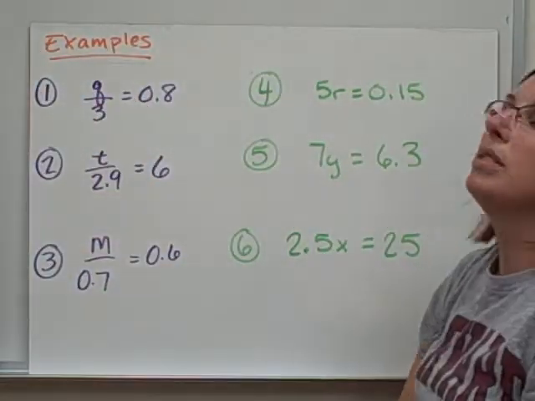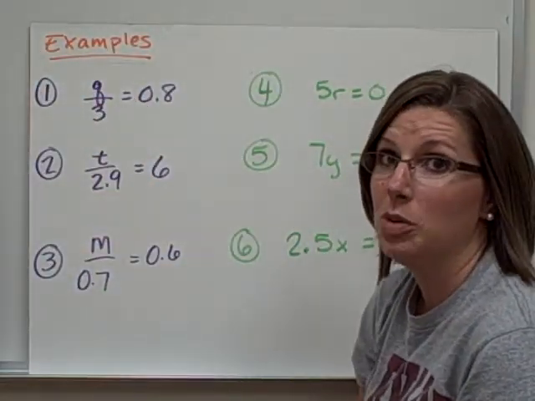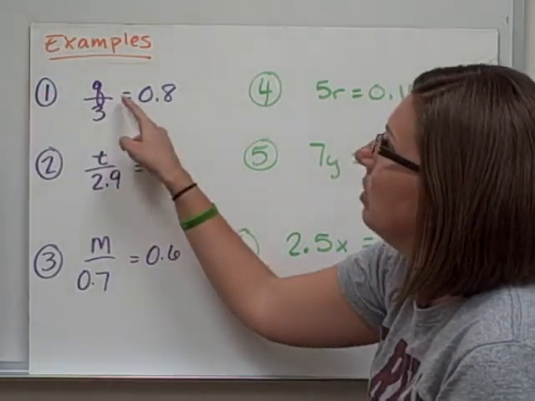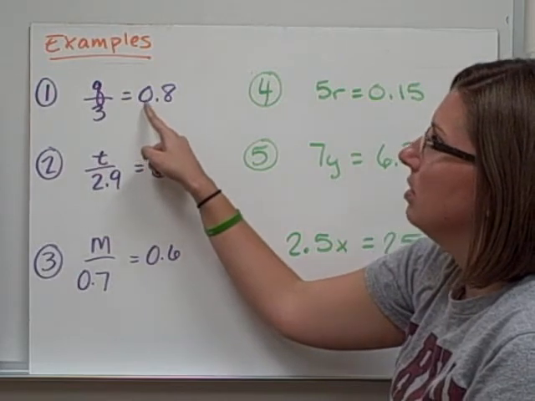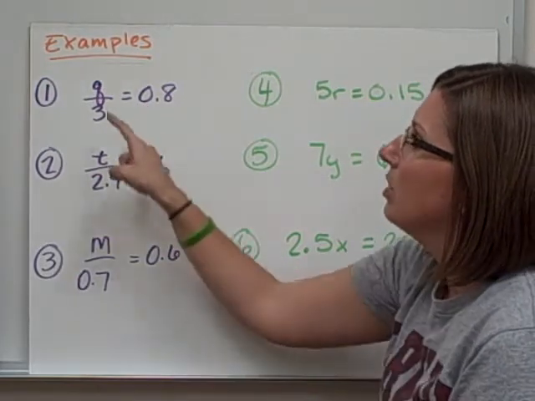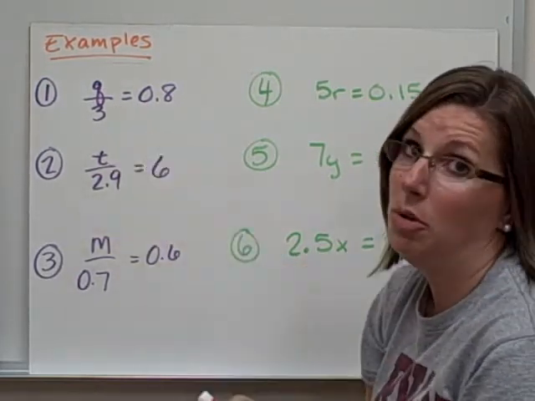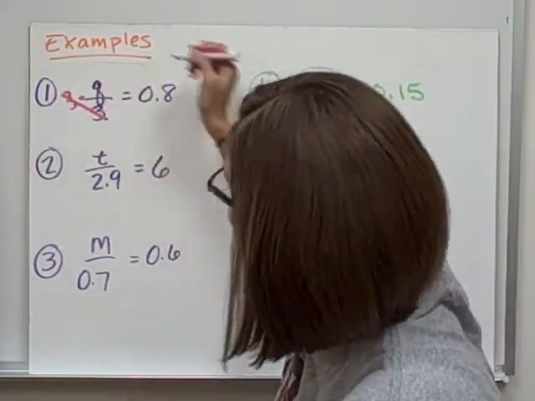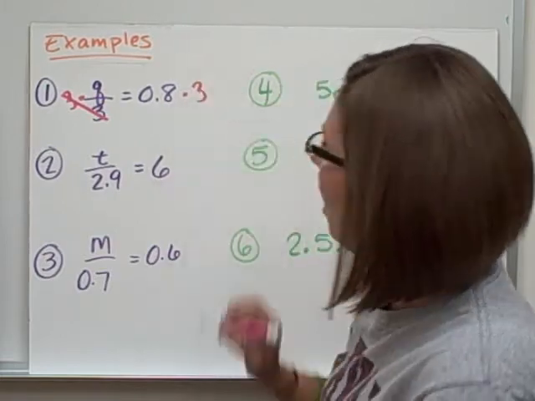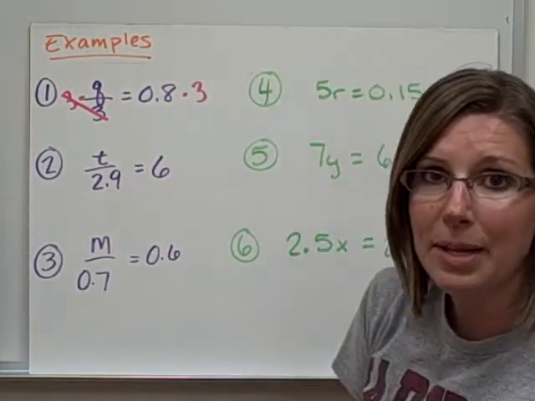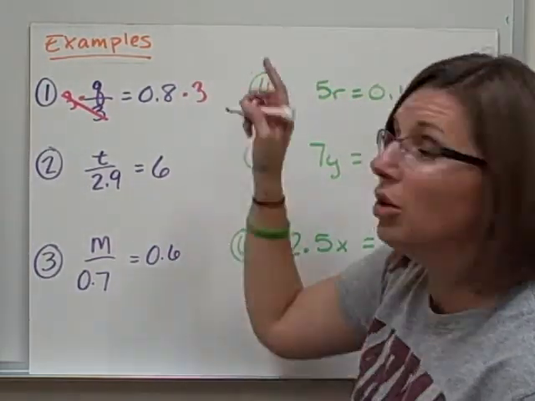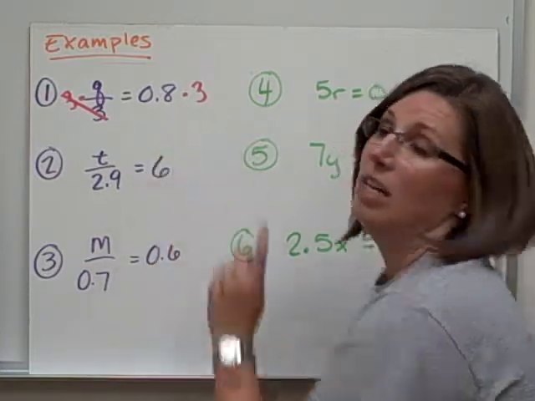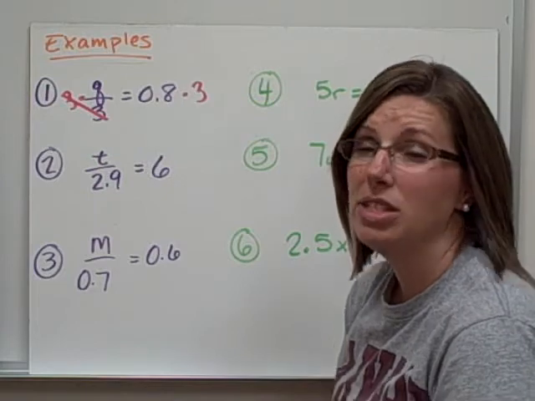Now moving on to some multiplication and division problems. Number 1, q divided by 3 equals 0.8. So to undo division, I must multiply. I'm going to set this up like a vertical problem instead of horizontal, because right now it looks like my decimal's getting me confused with my multiplication sign.